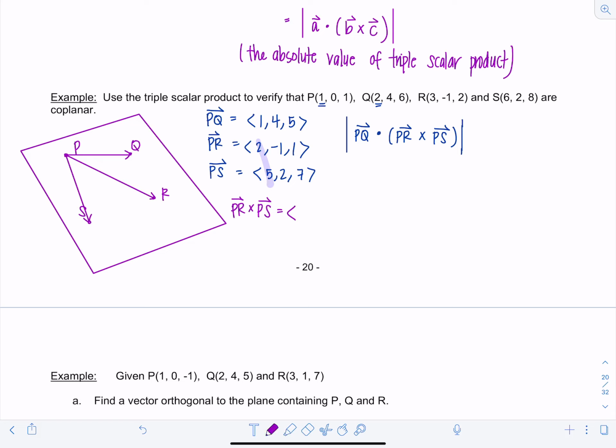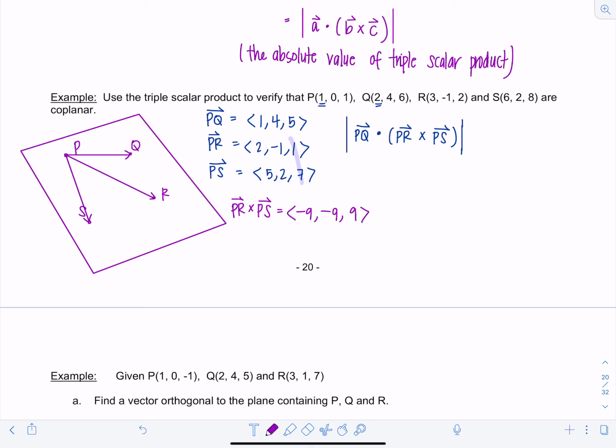So you're going to have -7 minus 2, so that's -9. And then for the next one, imagine that this is gone, right? And then multiply in the opposite direction. So you're going to have 5 minus 14, so that's -9. And then the last one from the cross product, imagine that this guy's gone, so you're going to have 4 minus -5, so 4 plus 5, that's 9.